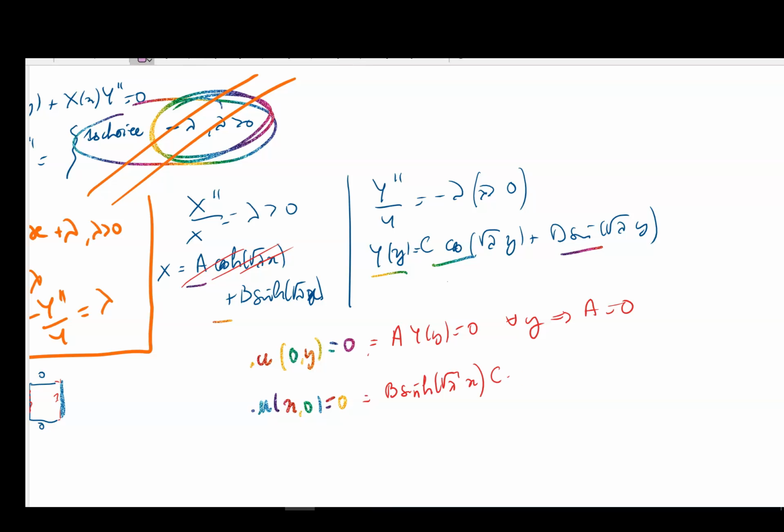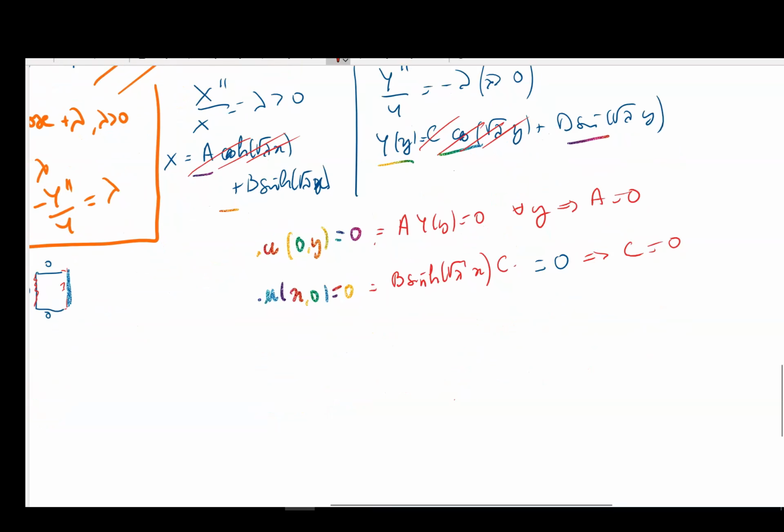So times c is equal to 0. Okay, so what does that imply? If I choose that b is equal to 0, I would have that the x part is always 0, so again I will have 0 everywhere. So I must not choose b equal to 0. The only choice is that c is equal to 0.